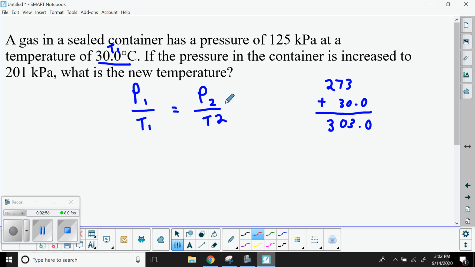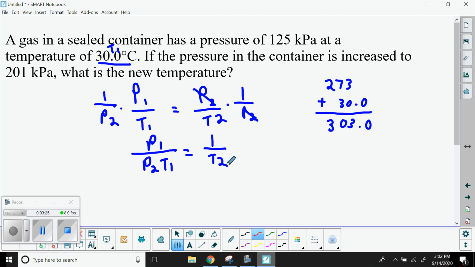I'm going to start by multiplying both sides by 1 over the second pressure. That is going to isolate T1, but I have to end up taking the reciprocal. So I'll have P1 over P2 T1 equals 1 over T2.